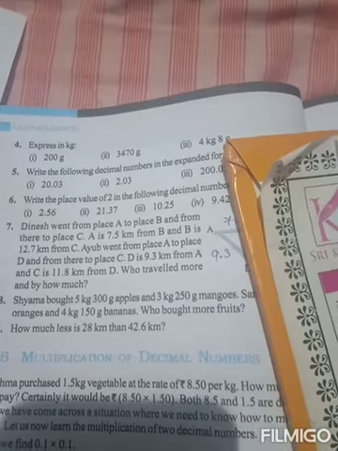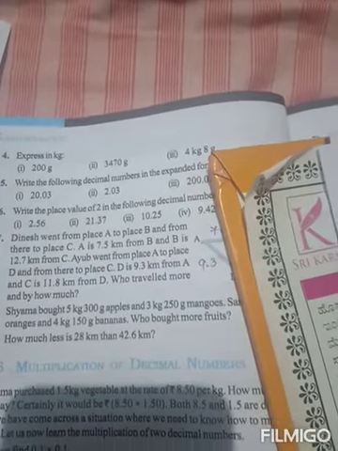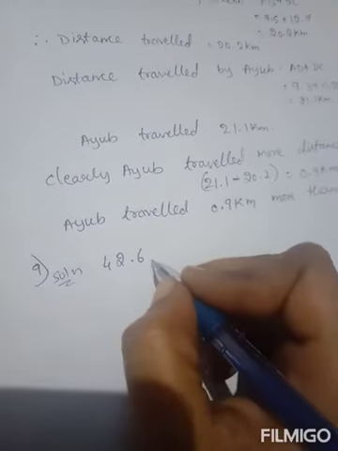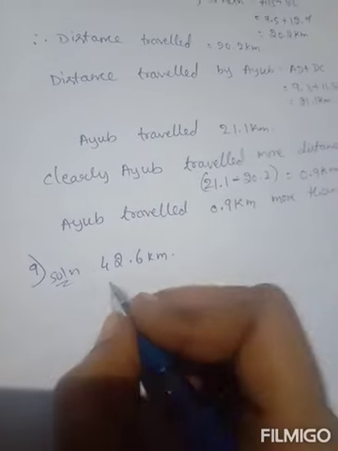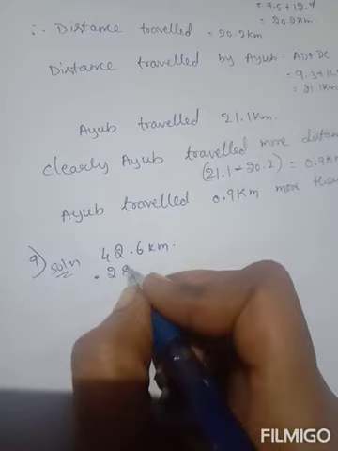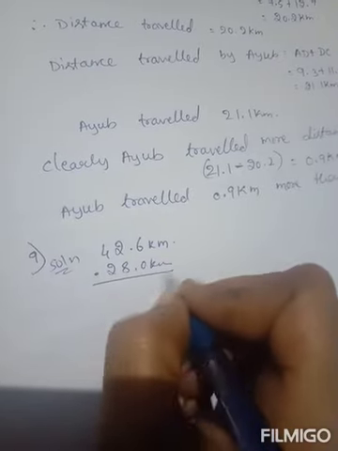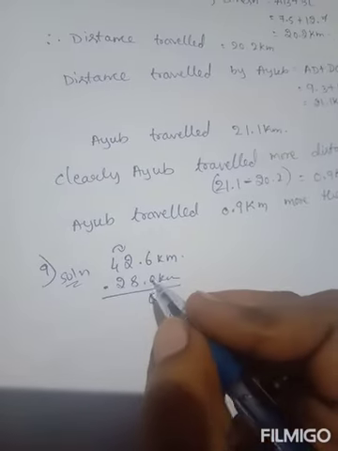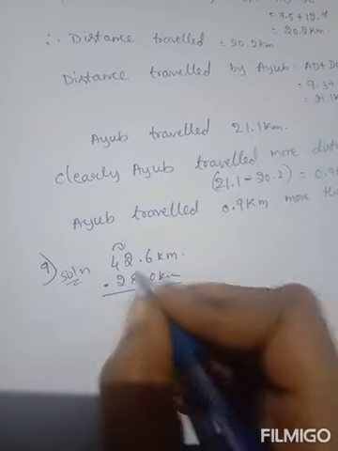How much less is 28 kilometer than 42.6 kilometer? Simple, you have to subtract both the numbers. That is the solution I will show you. 42.6 kilometer minus 28.0 kilometer. Okay, 6, taking a borrow, 12 minus 8 is 4.